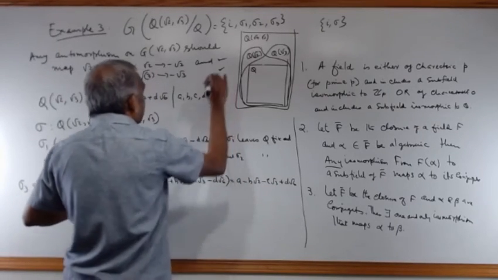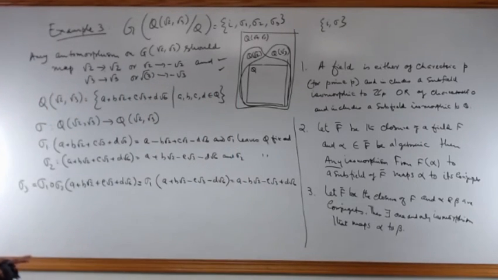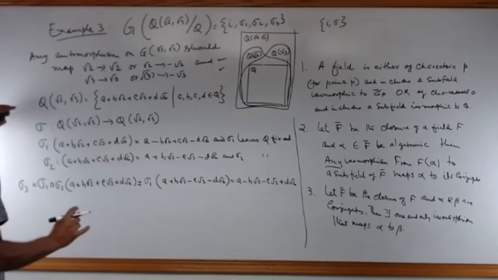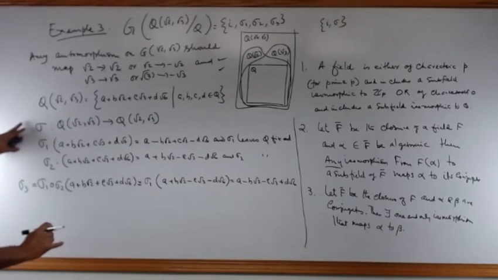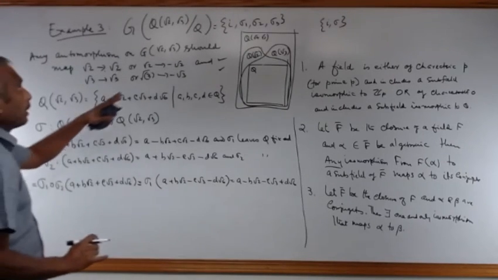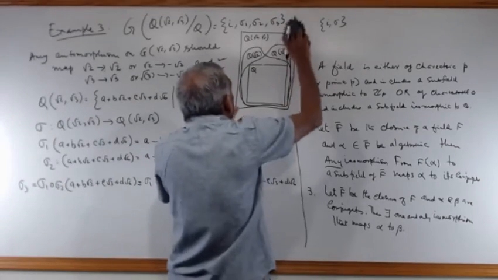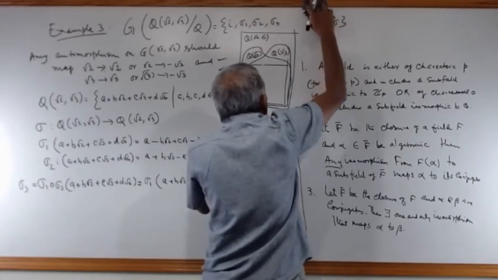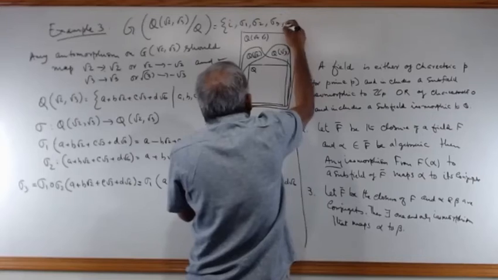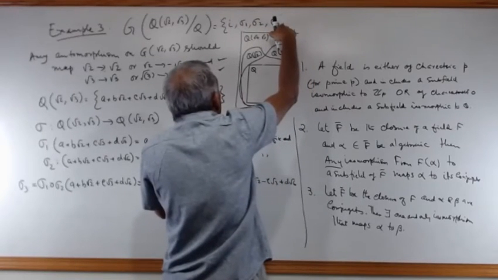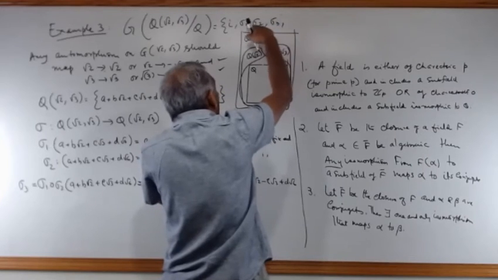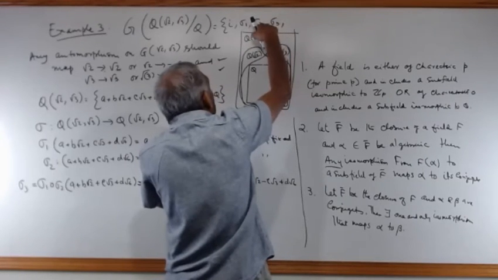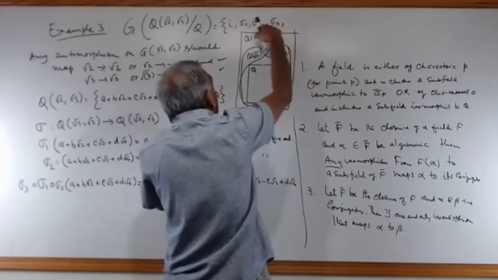So this is also perfect. So there are 3 different automorphisms. Of course, we can always find out sigma 1 after sigma 3, sigma 2 after sigma 3.